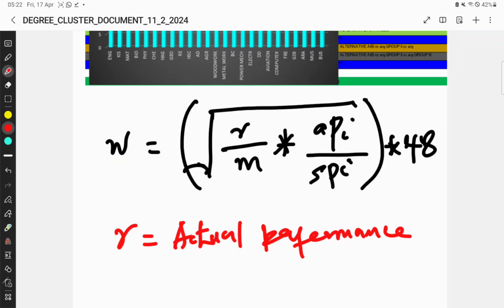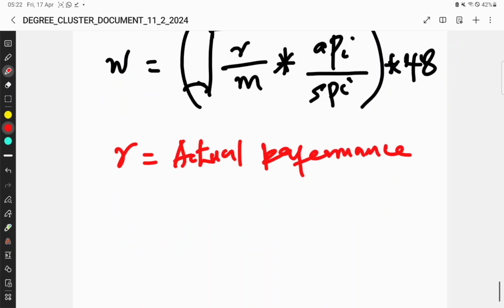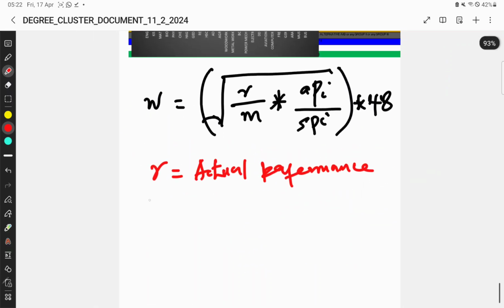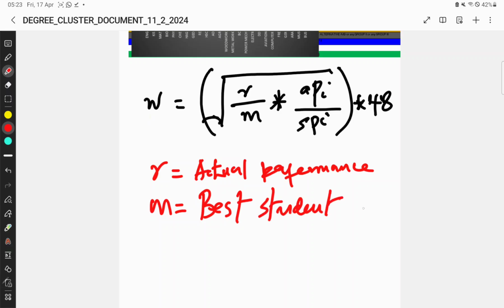Then we have M. This M here is the performance of the best student that year in that subject.